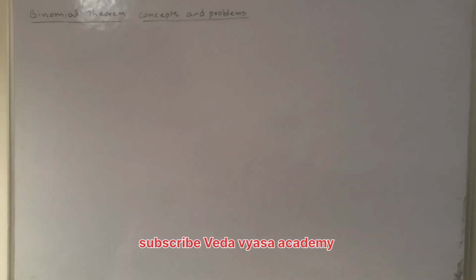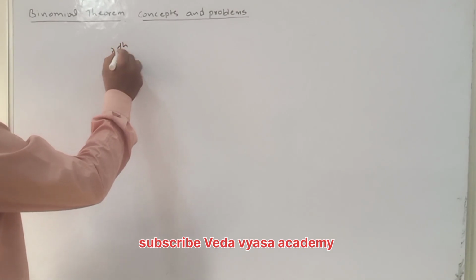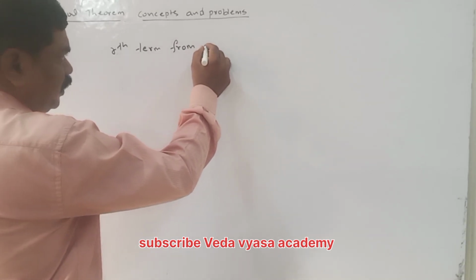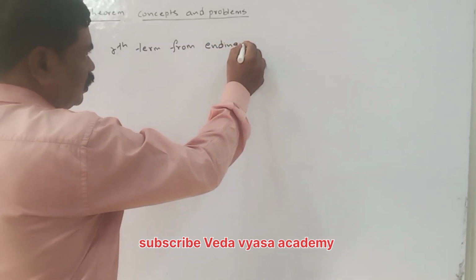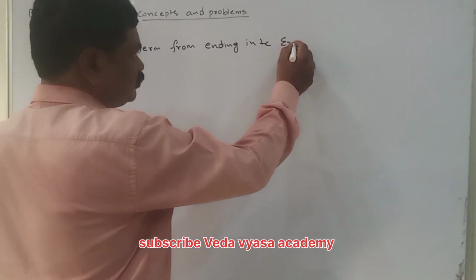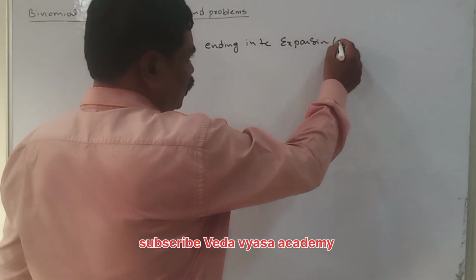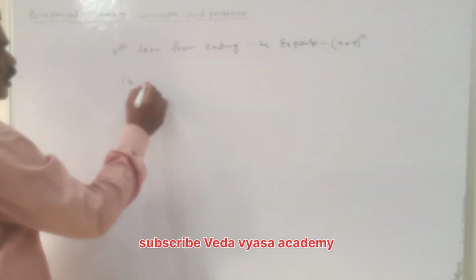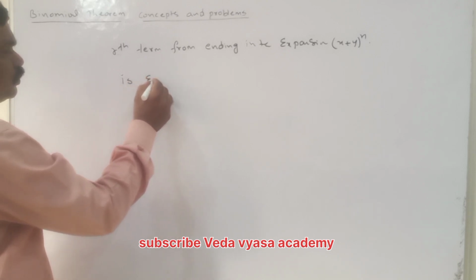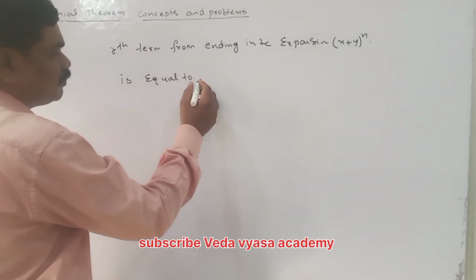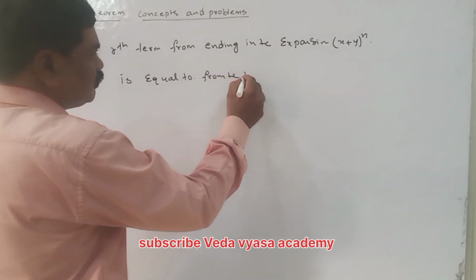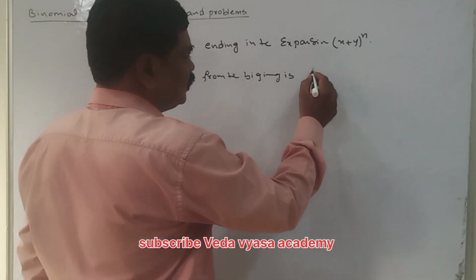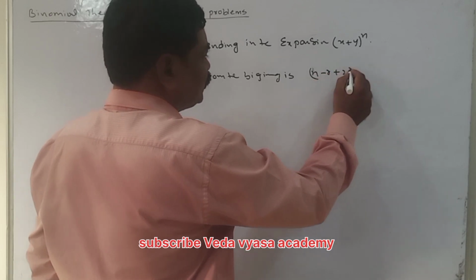Here we have the rth term from the ending in the expansion of (x plus y)^n is equal to, from the beginning, the (n minus r plus 2)th term.